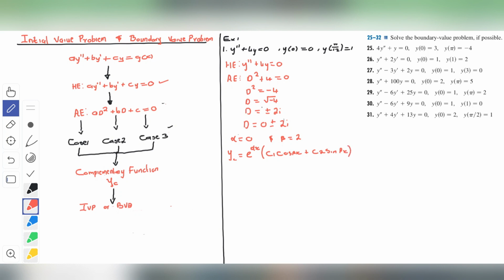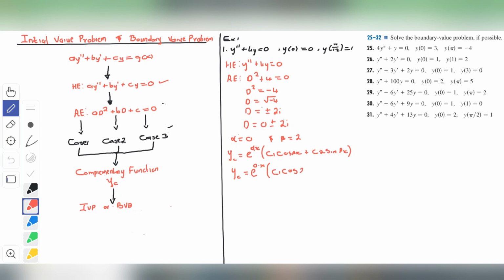This is what we are going to have, right? So now we're going to replace the beta and also the alpha with the values that we have from E. Our alpha is 0, so we're going to have 0 multiplied by x, into C1 cosine of beta.